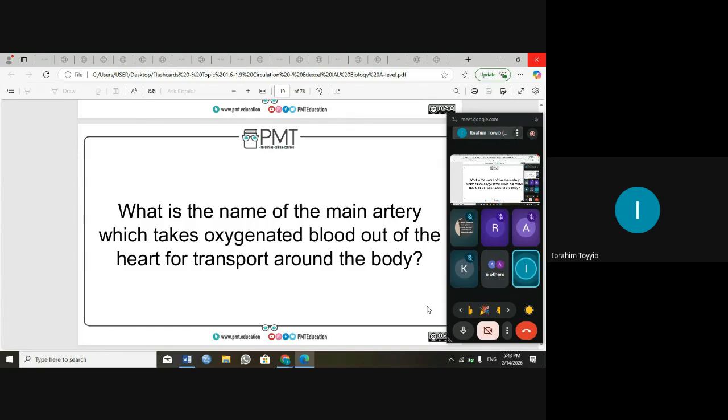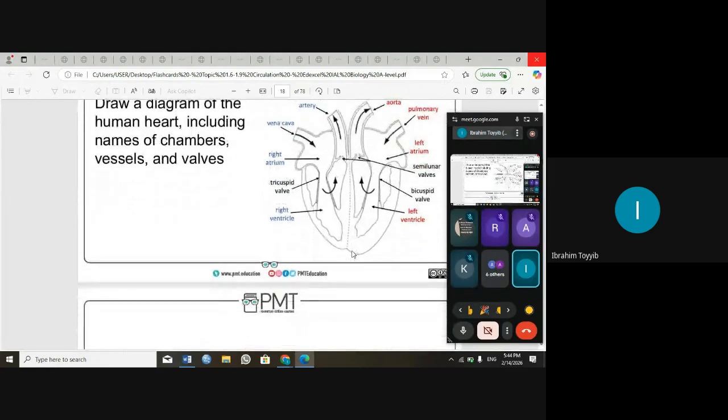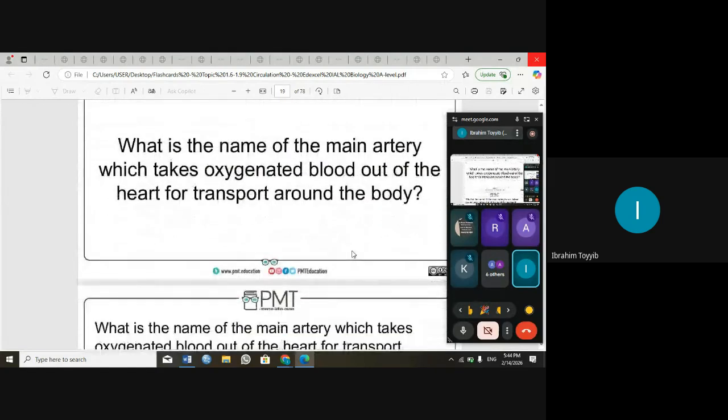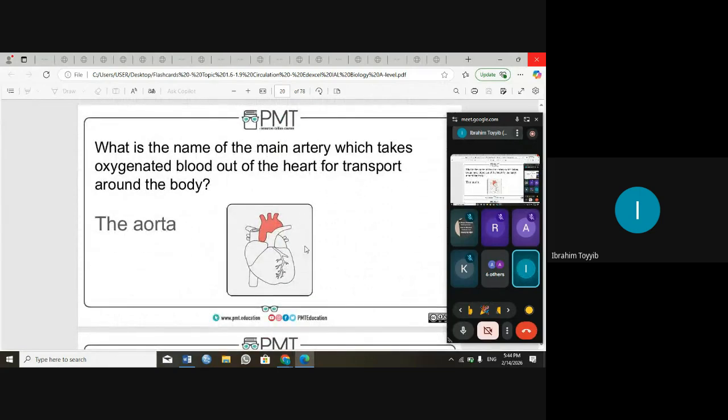So the one that will now transport the blood to the body is the aorta, that opens to the body. So it's the aorta. That's why this place is red. I told you that the arrow coming out from the pulmonary artery is blue, that tells you that the blood is not oxygenated. Do you get now?